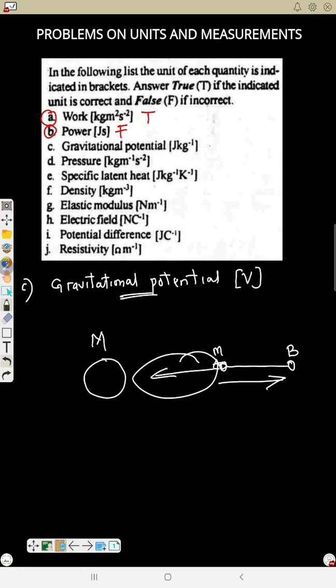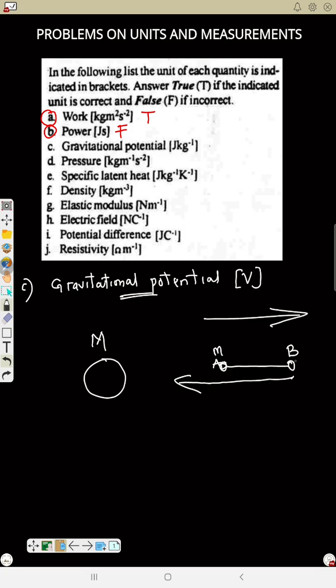That means I must have applied a kind of force. And the energy I use on this ball is not wasted. The energy is stored inside that ball, meaning the ball can push my energy back towards this direction. As I'm dragging it towards this side, the energy gained by this ball is trying to push it back, because it should attract to this side.